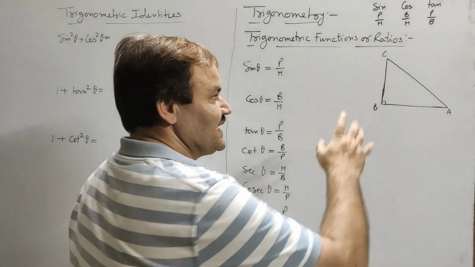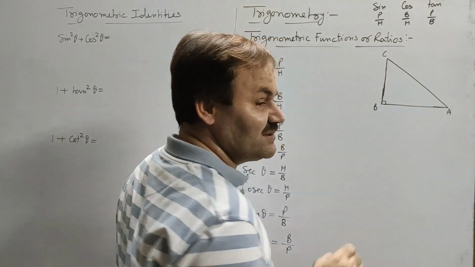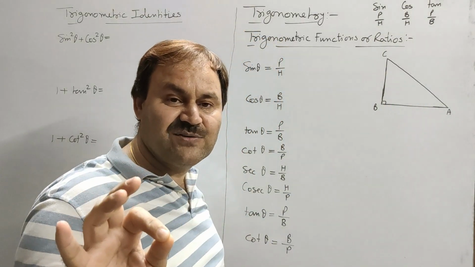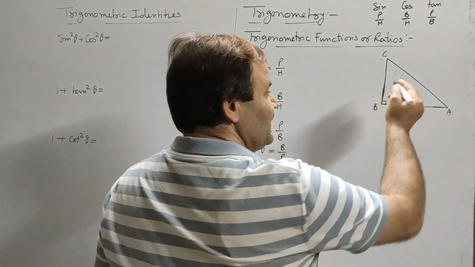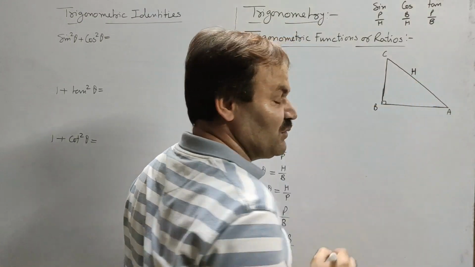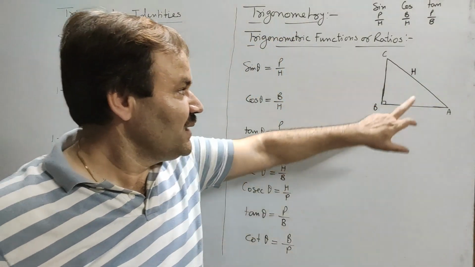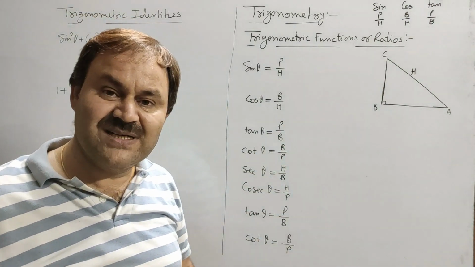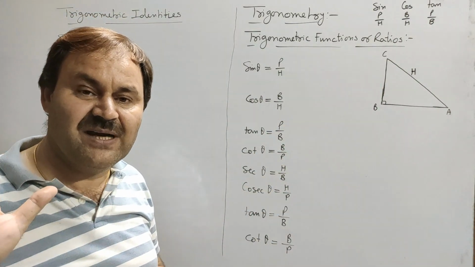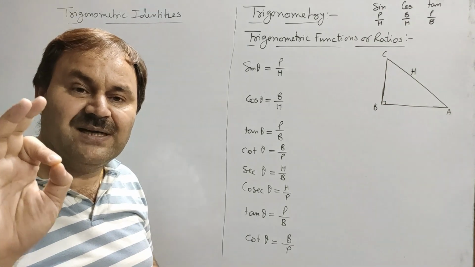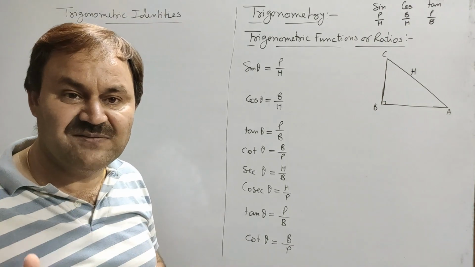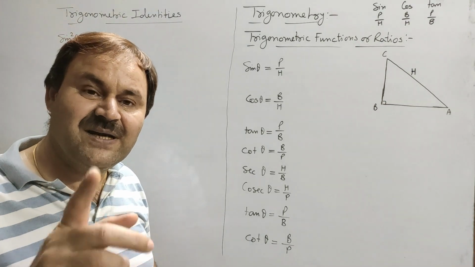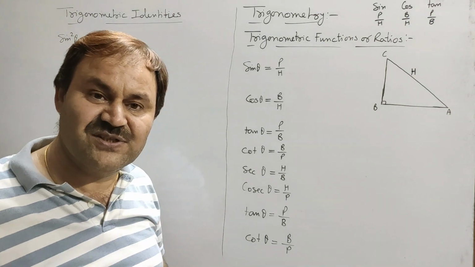The side opposite to the right angle, the largest side of a right angle triangle, will always be the hypotenuse. If it is hypotenuse, then out of the rest two sides, one will be perpendicular and another will be base. Which one is perpendicular and which one is base will depend upon the angle under consideration.